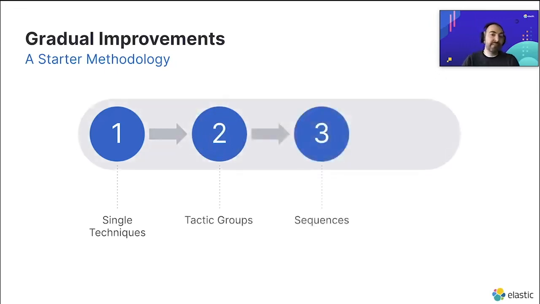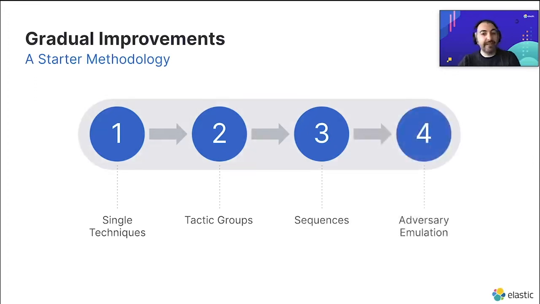Then build out sequences, trying to work out between different attack life cycles. So maybe go discovery, then C2. I'm mincing my words a little bit, but the idea is that you're just trying to build sequences between different groups or different tactics. That's the word I'm looking for. And then finally, go full-blown adversary emulation, where we're actually looking to mimic an adversary.